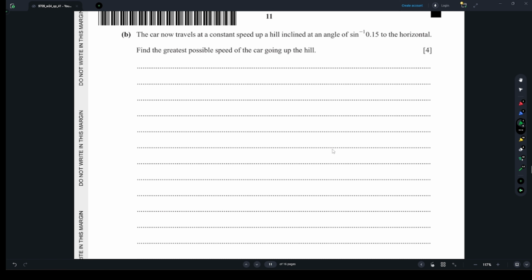The car now travels at a constant speed up a hill, inclined at an angle of sine 0.15 to the horizontal. Find the greatest possible speed of the car. Okay, so let's try to sketch this one. The car is moving up a hill.